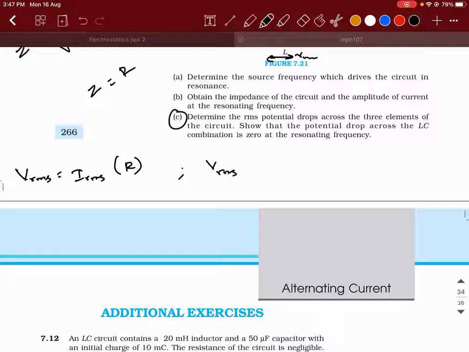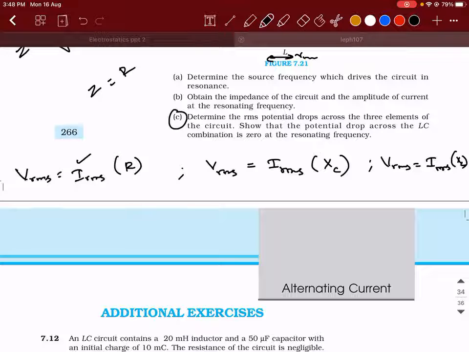Similarly, VRMS across the capacitor is IRMS into XC. Similarly, VRMS across the inductor will be equal to IRMS into XL.